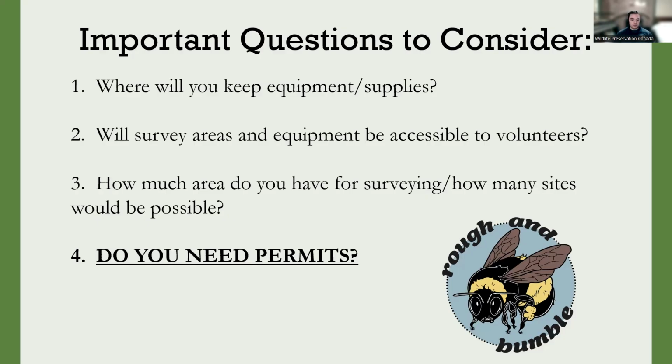So by and large, when we're thinking about a community science program, what's really needed is a property to host the program on. However, you can also take this information if you don't have a property, if you're not looking to establish an independent community science program, you're looking for something else, like maybe you want to have group bee walks with people, but you don't have a site for it.